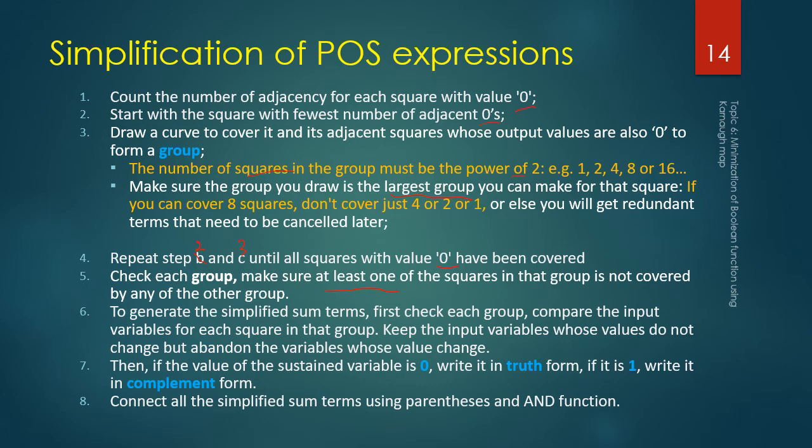Then, if the kept variable's value is 0, this time write it in uncomplemented form. If it is 1, write it in complement form. And you should use the OR function for that term. Finally, collect all the simplified subterms using parentheses and add the AND function.